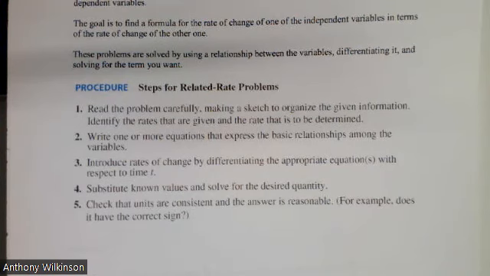Does it have the correct sign? You do want to check to see that your answer is reasonable, and sometimes make sure the sign is correct, whether it has to have a positive sign or a negative sign.